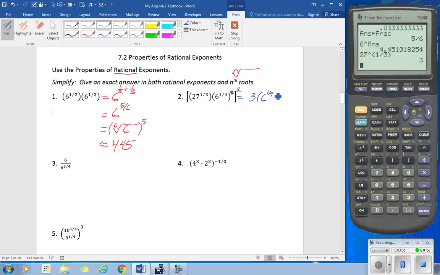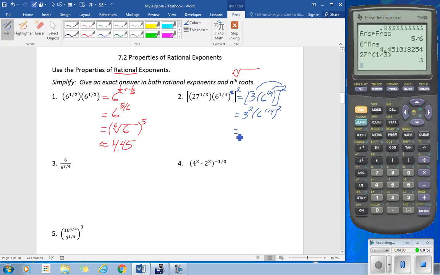I don't recognize 6 as being a perfect fourth by any means, so we'll go ahead and just keep that as 6 to the 1/4 for now, but we do have a product inside here. These 2 things are being multiplied together, which means we can go ahead and distribute that power of 2 to both parts of that product. So we'll end up getting 3 squared times 6 to the 1/4 squared.